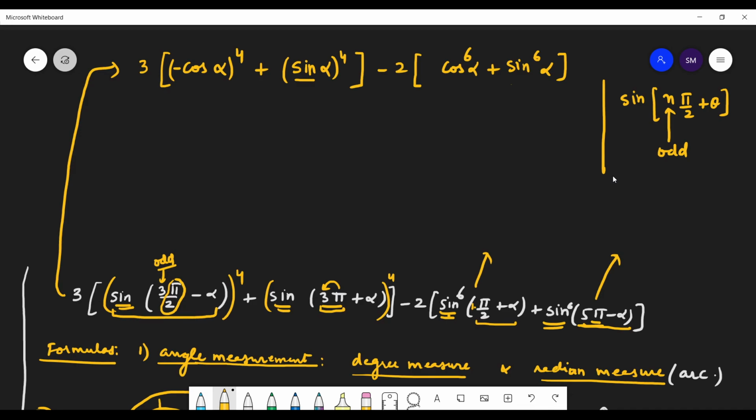I'm writing it again, doesn't matter. So this will be minus 2 into, this is 1 and this also 1. So 1 minus 3t square. Agreed?